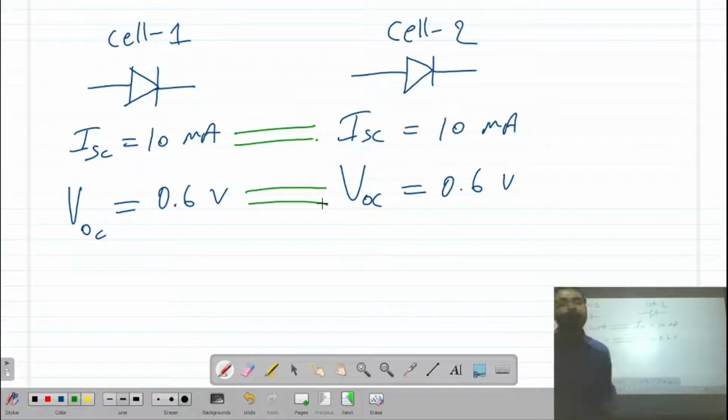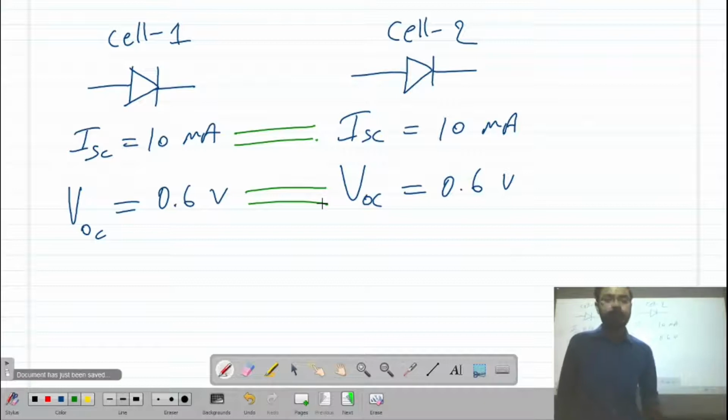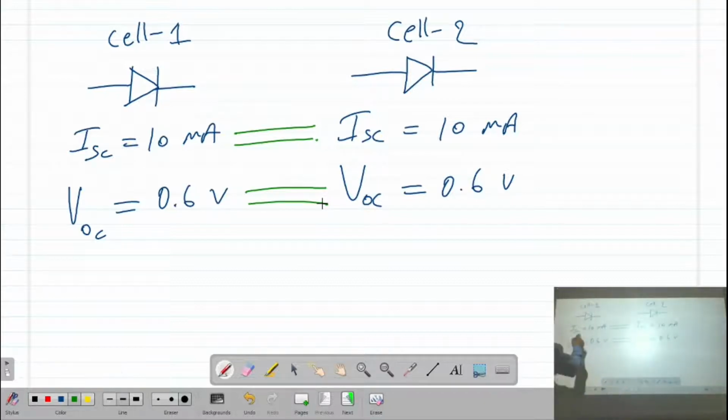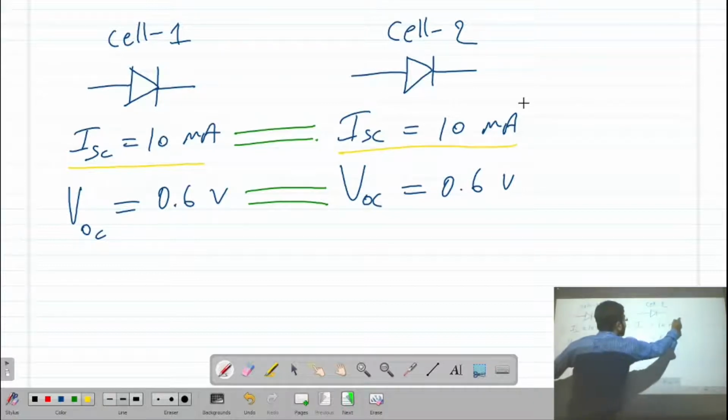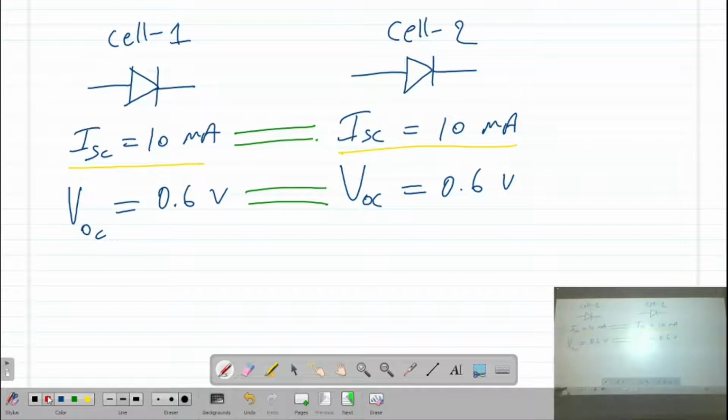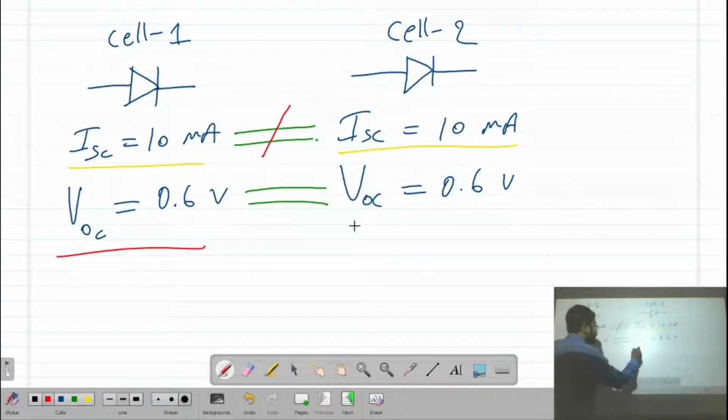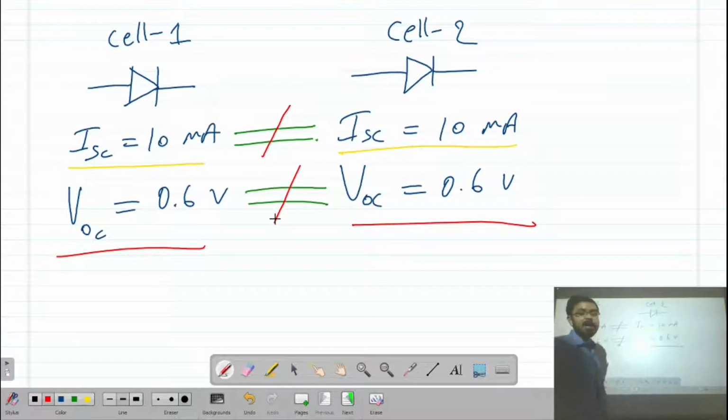But in practice, these values of ISC will not be the same. Again, the VOC values will not be the same, even if you have selected the same identical cell from the same manufacturer.